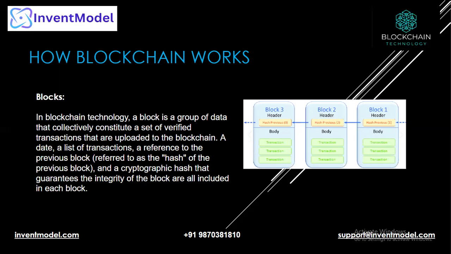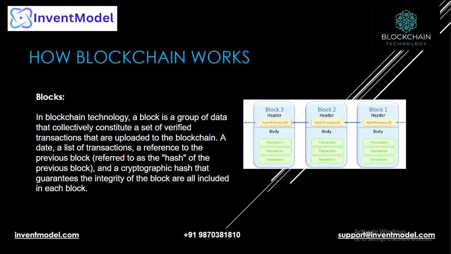A date, a list of transactions, a reference to the previous block, referred to as the hash of the previous block, and a cryptographic hash that guarantees the integrity of the block are all included in each block. So a block is a box which contains the data of the transaction.